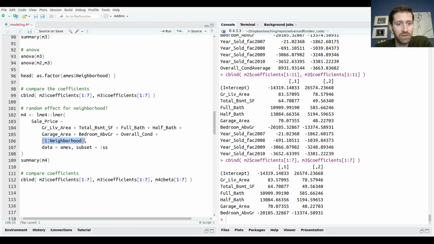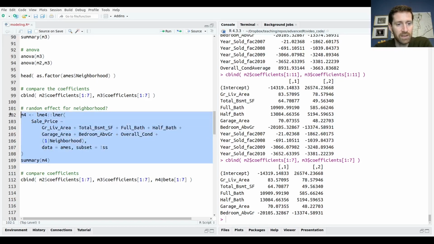It gives you some justification for saying what a new neighborhood's effect might look like, or a neighborhood that didn't happen to be in the data set. Whereas technically in the non-random neighborhood effect model, you really have no basis for saying what its neighborhood effect will be. Sometimes it can make the model fitting faster if you have a huge data set, but that can go either way.